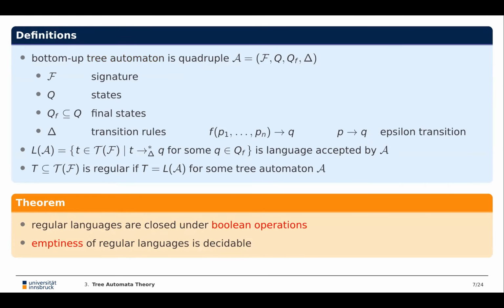Important theorems for later and for the procedure are that regular languages are closed under Boolean operations, such as intersection and union and so on. And checking emptiness of a regular language is effectively decidable and is also used in the procedure.